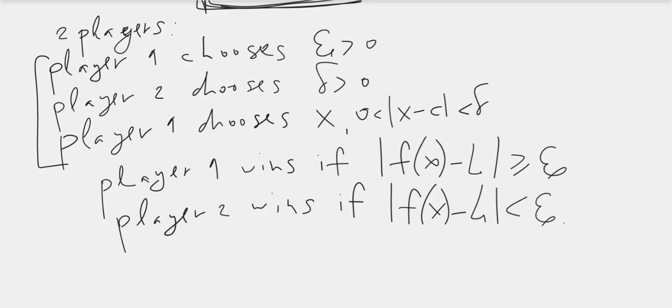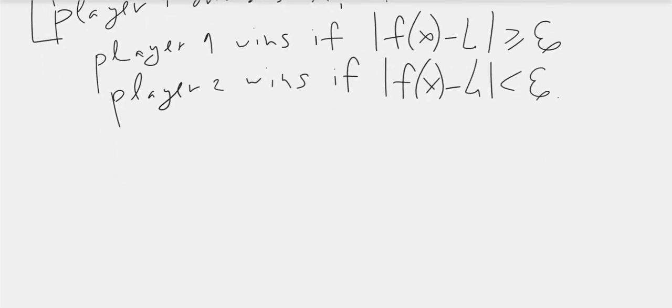And again we say that if player 2 has a winning strategy, it means that he can guarantee his victory regardless of how player 1 would play, how his opponent would play.